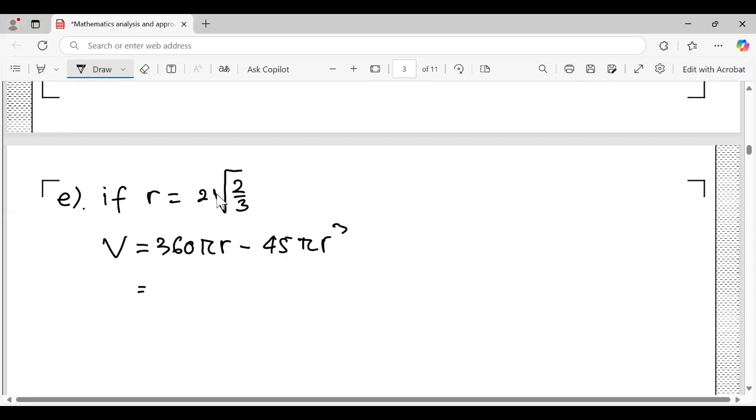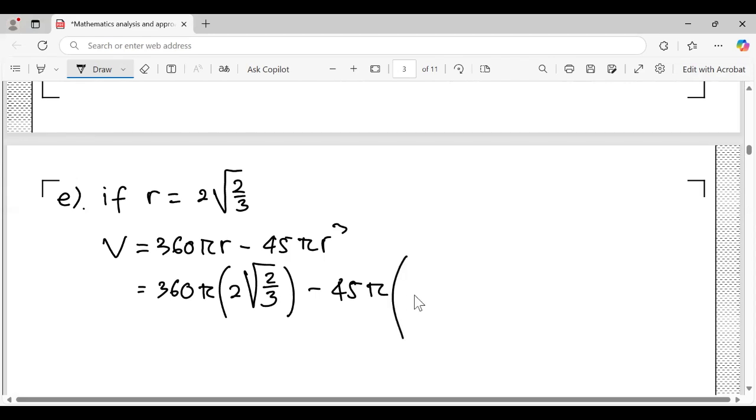Substitute this r into this expression, it becomes 360 pi times 2 square root 2/3, minus 45 pi times 2 square root 2/3, cubed.